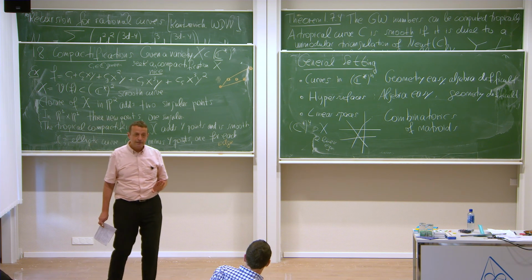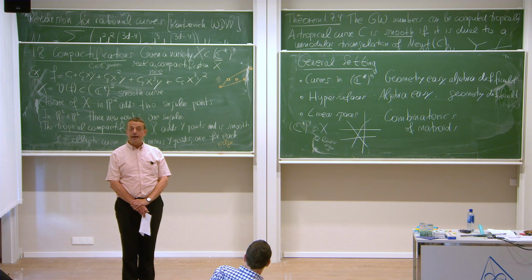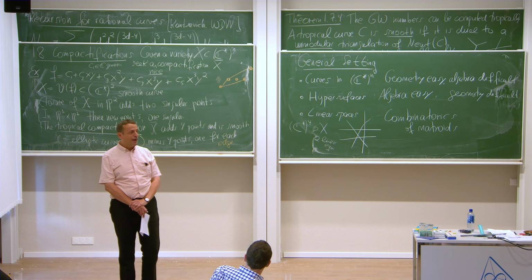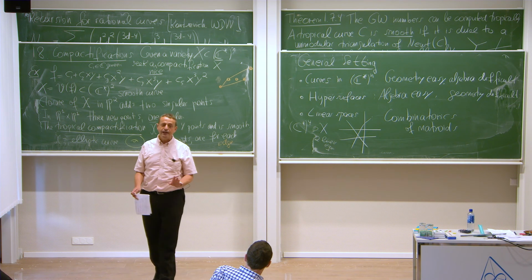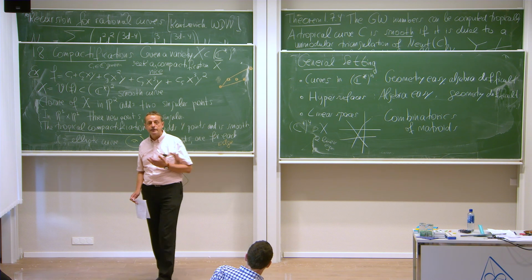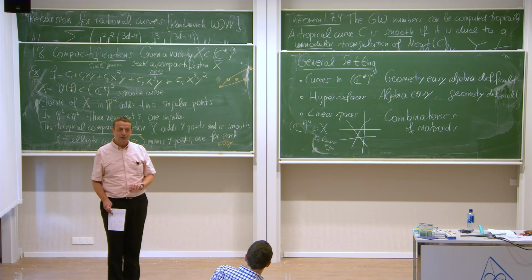But the bottom line is, many of your friends in algebraic geometry struggle to find good compactifications. It's a subject. Finding, constructing, building good compactifications is a difficult subject. Sometimes you're very lucky. You don't need to do anything.